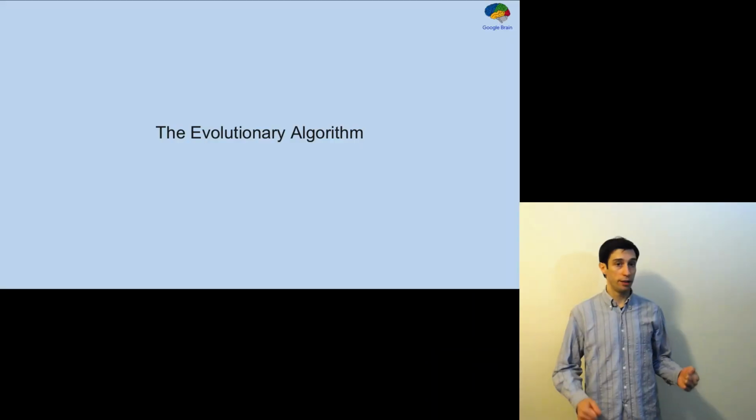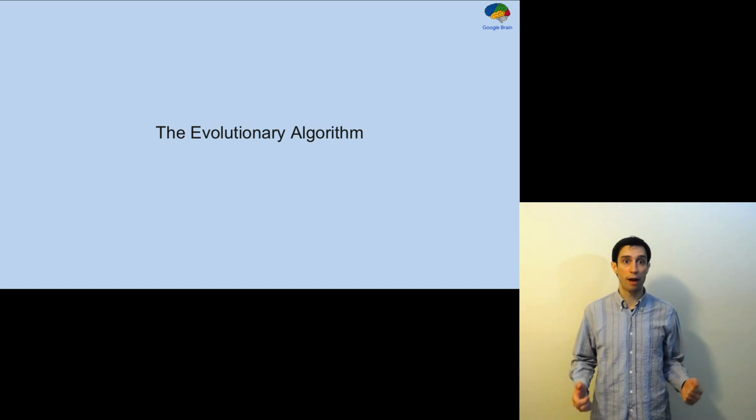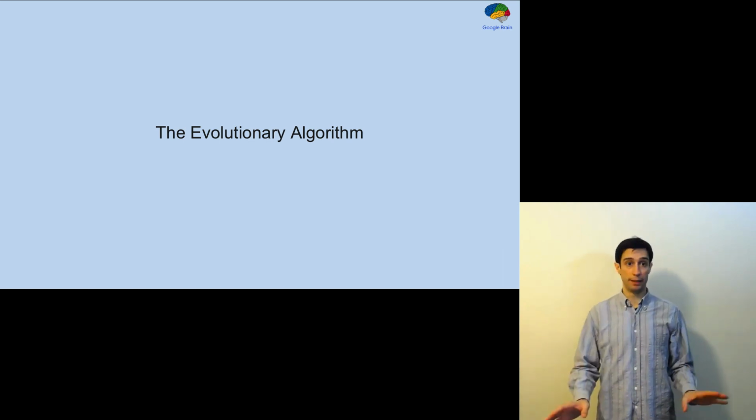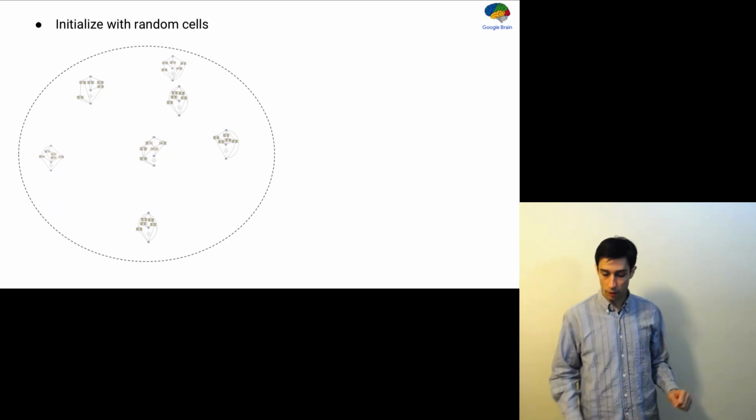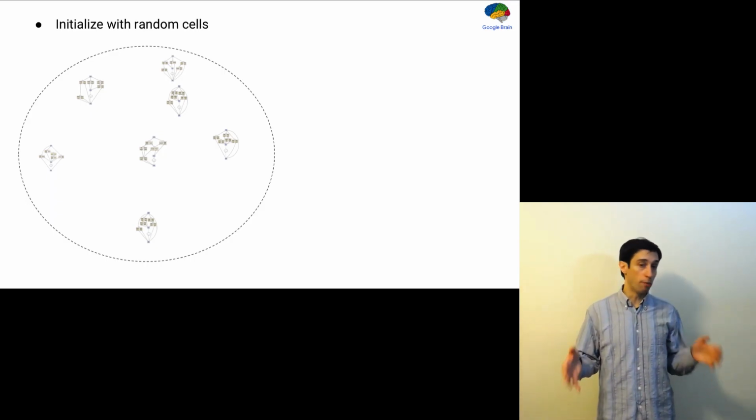Now let's talk about the search algorithm. In our case, the algorithm we're going to use is an evolutionary one. So let me describe it. Remember throughout this description that the goal is simplicity. So the algorithm starts with a population of models.